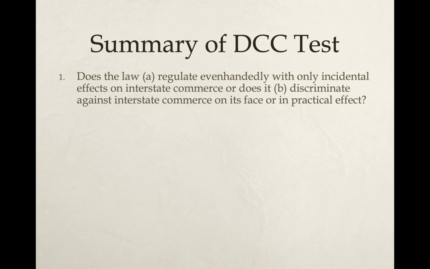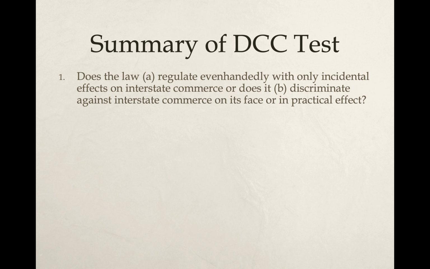So here's a summary of the Dormant Commerce Clause test. You look at the state statute and you put it into one of two categories. Either the law will regulate even-handedly with only incidental effects on interstate commerce, or the law will discriminate against interstate commerce either on its face or in practical effect.